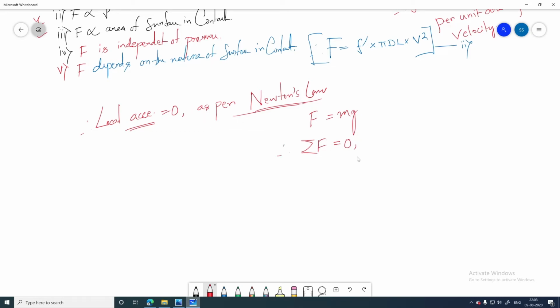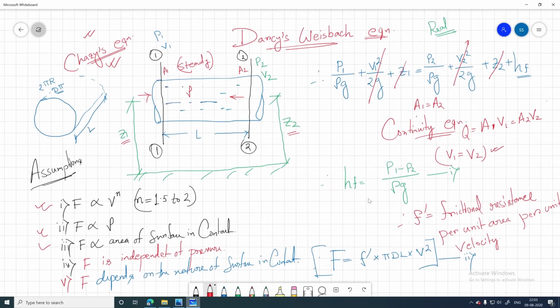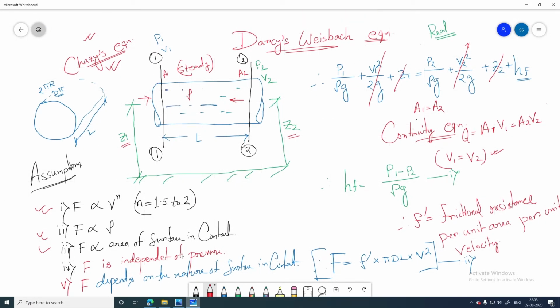What are the forces acting here? Let's see in the diagram. At section 1-1, the pressure is P1 and the area is A1. So the force here is P1 into A1, and it is positive because it is along the direction of the flowing fluid.